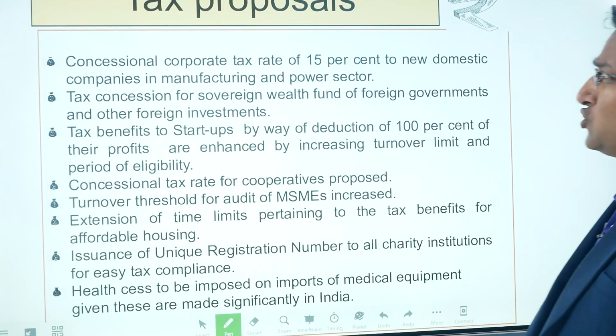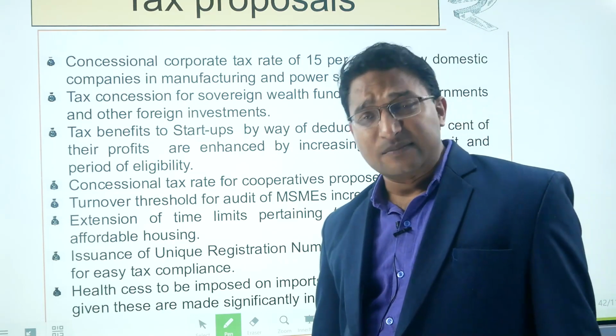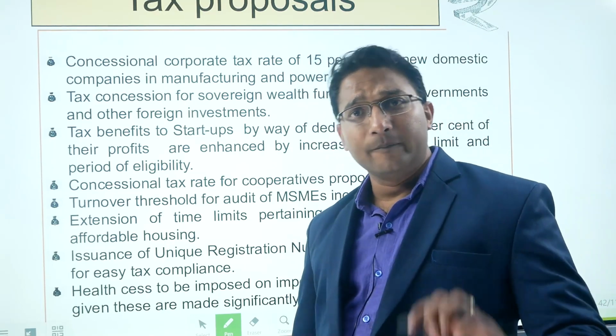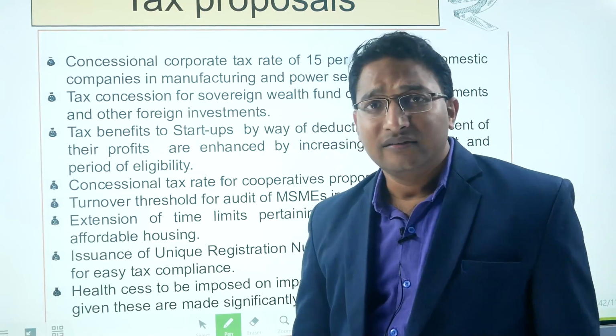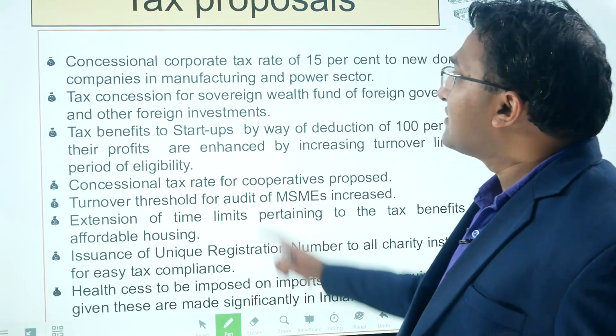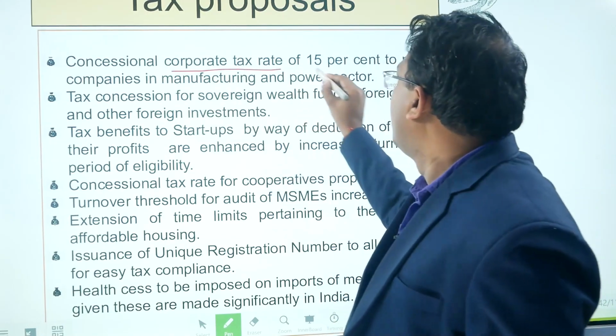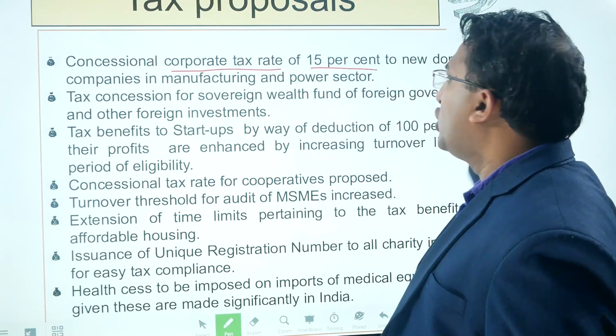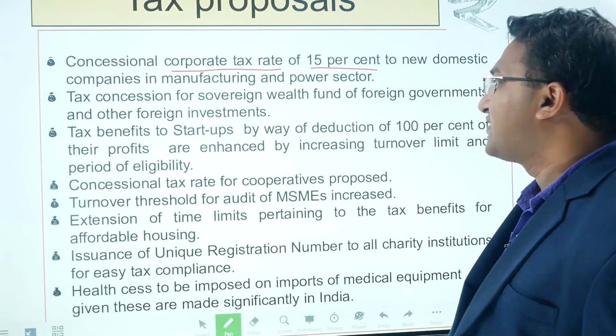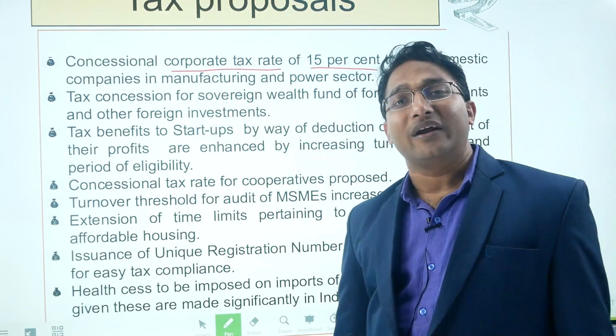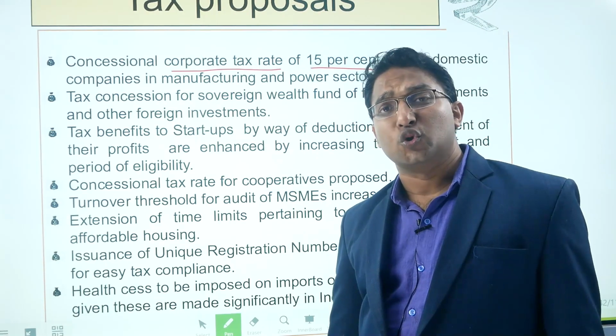Talking about the tax proposals. Tax proposals are part of public finance, because they impact the tax revenue. Concessional corporate tax rate of 15% to new domestic companies in the manufacturing and power sector. Earlier our corporate income tax rate used to be 30%.